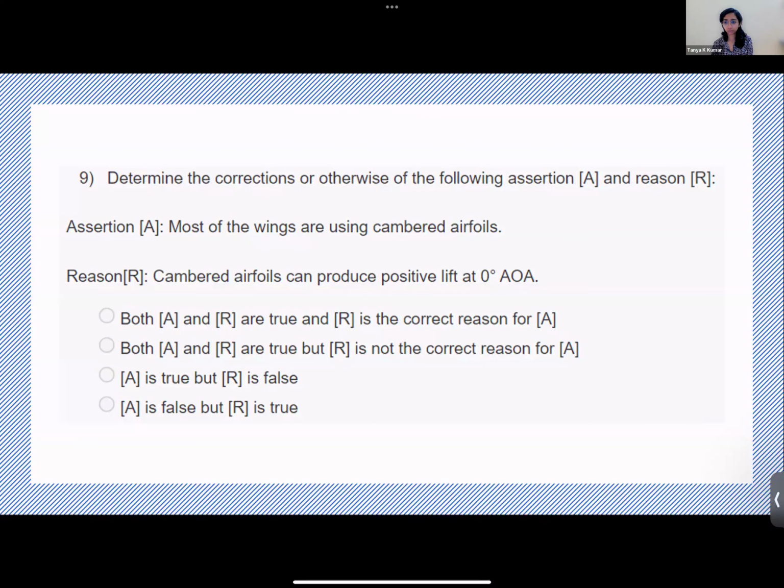Is the assertion true? Is the first statement true? Most of the wings use reverse cambered airfoils.